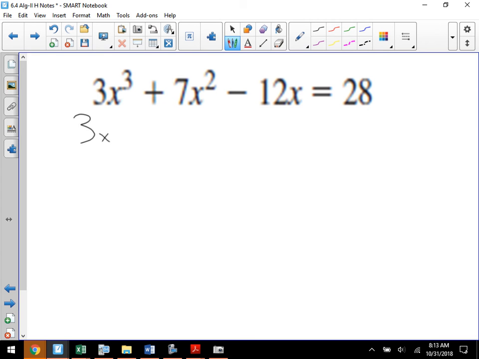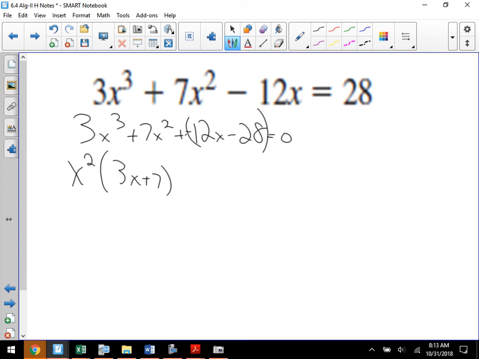You had 3x cubed plus 7x squared minus 12x minus 28 equals 0. No GCF. That would be bad. Start factoring via grouping. We have 3x plus 7.